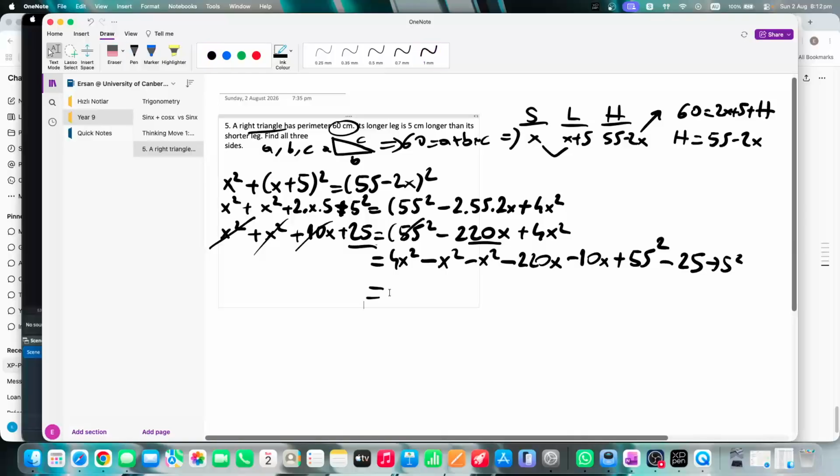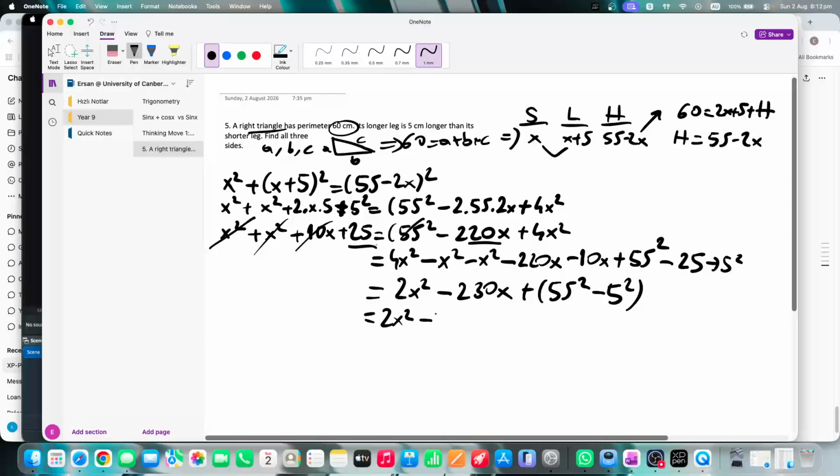I'm going to show you why. So this one is 2x squared minus 230x plus, as my constant term, 55 squared minus 5 squared. Why is that? I'm going to show you now. So 2x squared minus 230x plus 55 plus 5 times 55 minus 5.